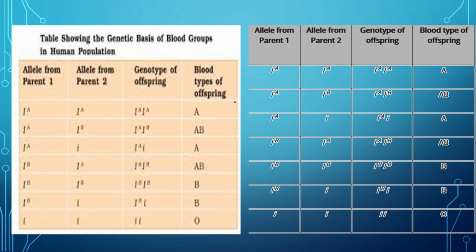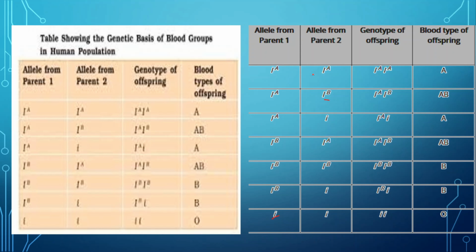Now two alleles are required for giving rise to the genotype or the blood group of humans. Here IA and IB are the dominating ones, and small i is the recessive allele. So these six types are the different combinations.